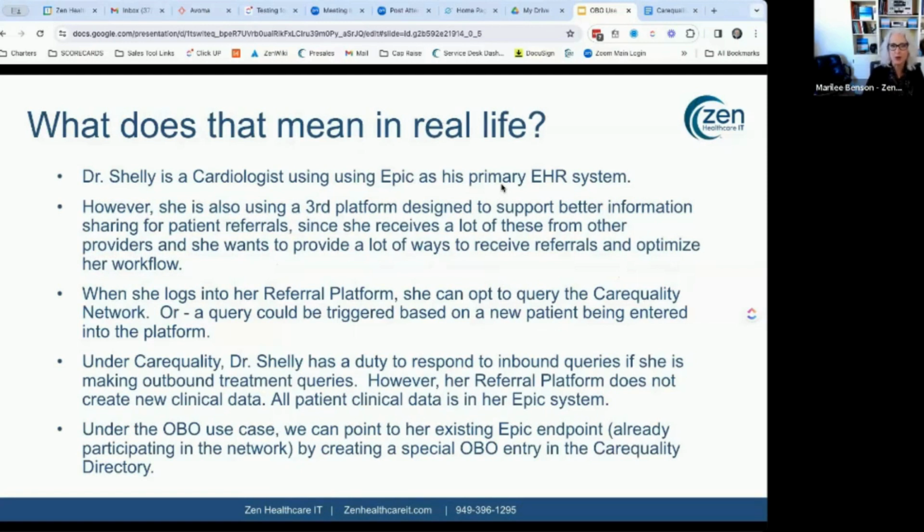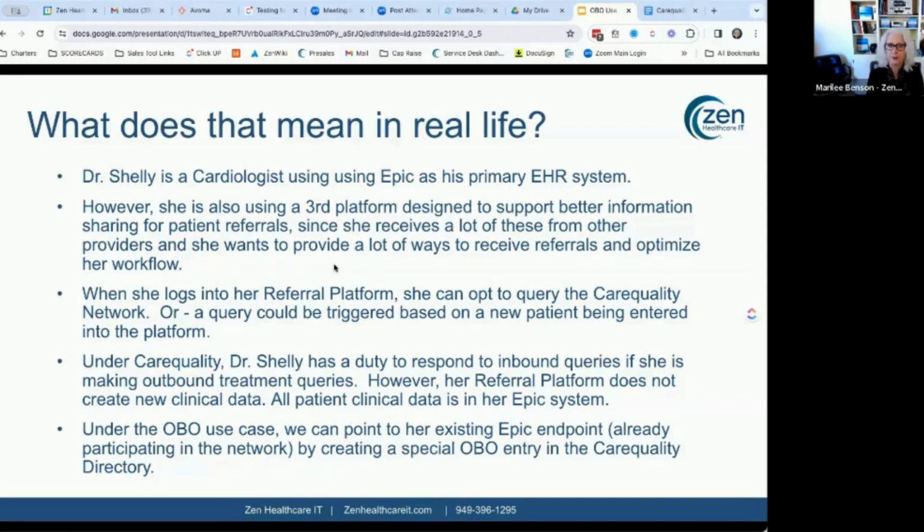So let me walk you through what this means in real life. We have Dr. Shelley. She's a cardiologist, and let's say she's using Epic as her primary EHR system. She's opted into Carequality through her Epic relationship, and the medical history data for the patients she sees is available in her Epic system.